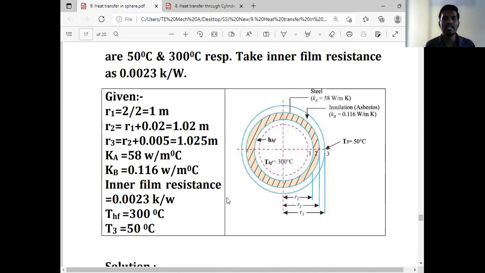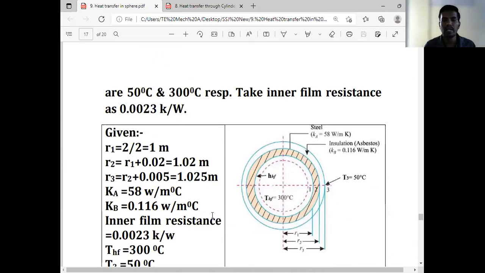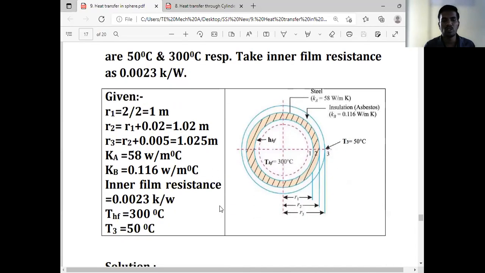We will name the inner sphere Layer A, and the insulation Layer B. So thermal conductivity of Layer A is 58 watt per meter Kelvin, and thermal conductivity of insulation, that is asbestos, is 0.116 watt per meter degree Celsius. Then inner film resistance is given 0.0023 Kelvin per watt.